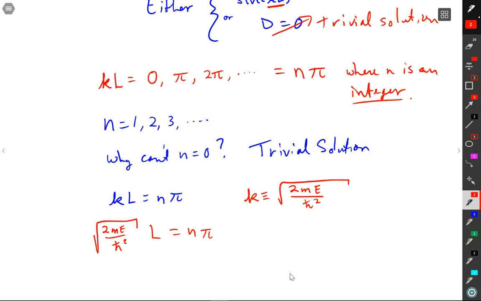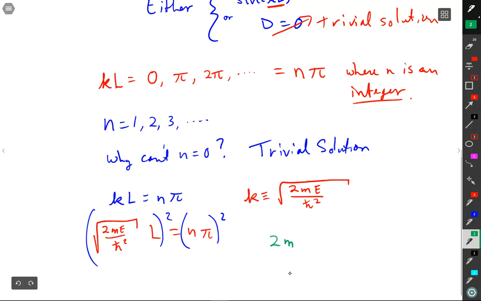E must only have specific values now because it's based on n. And so we solve this for E. If I'm going to solve for E, I'm going to square everything. And so I'll have 2me L squared over h bar squared equals n squared pi squared. I'm going to put a subscript of n on the E now because E is going to depend on n.